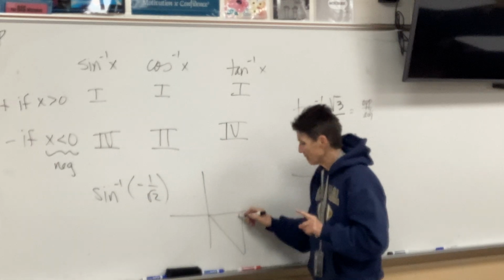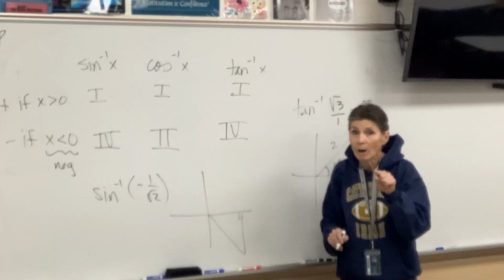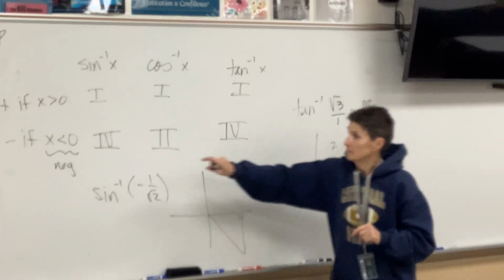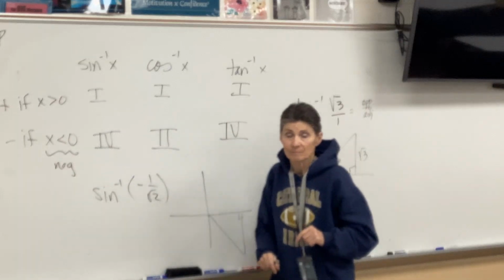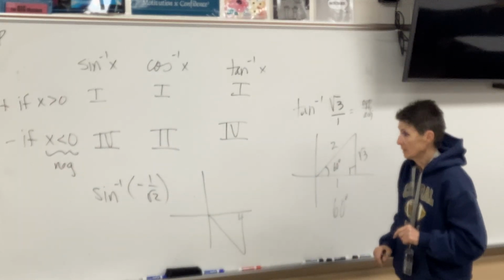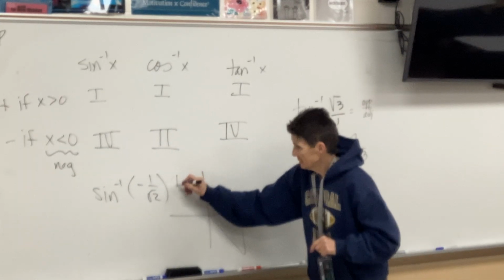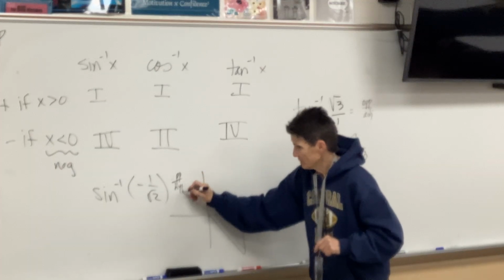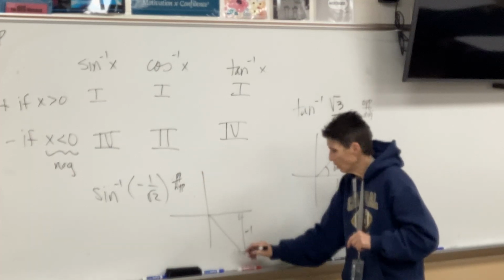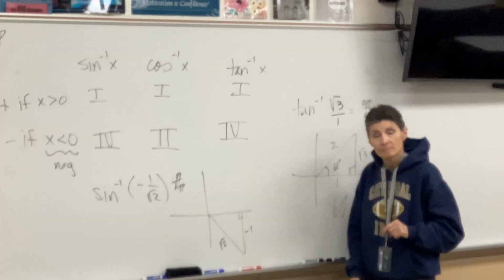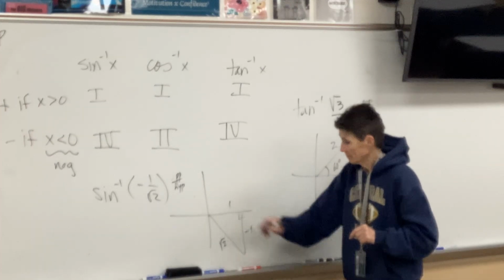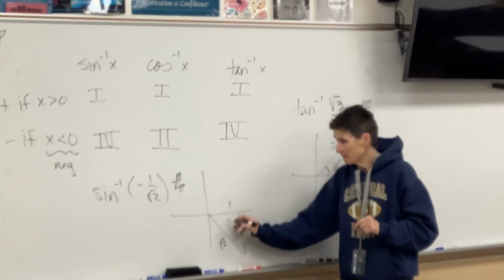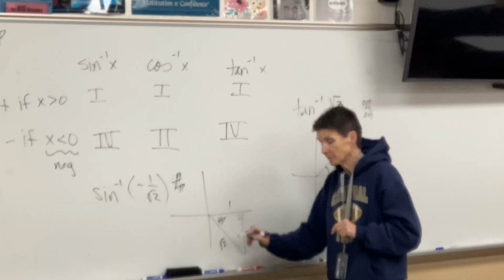So now I draw my butterfly bow tie in quadrant 4. That's the rule for the sine when it's negative. Opposite over hypotenuse, -1 over √2. That angle is 45 degrees.